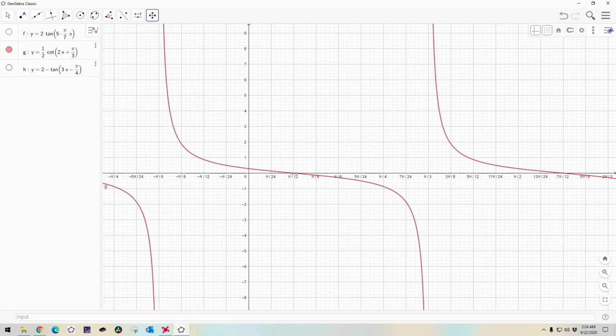Right here, because here's the center, right? And then my quarters were at the negative pi over 24 and at the 5 pi over 24 right here. Okay, so that's that cotangent one.